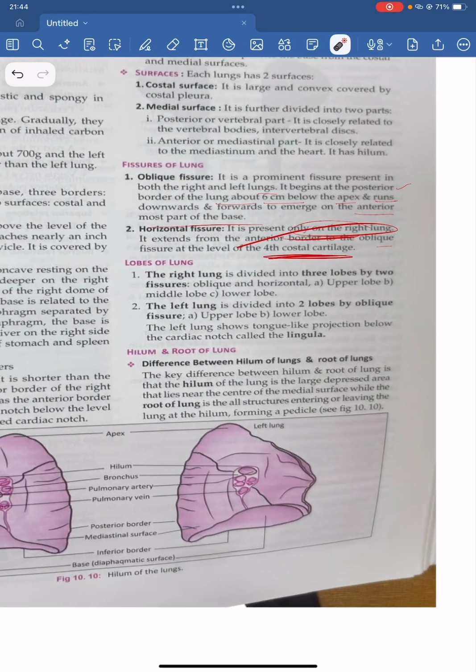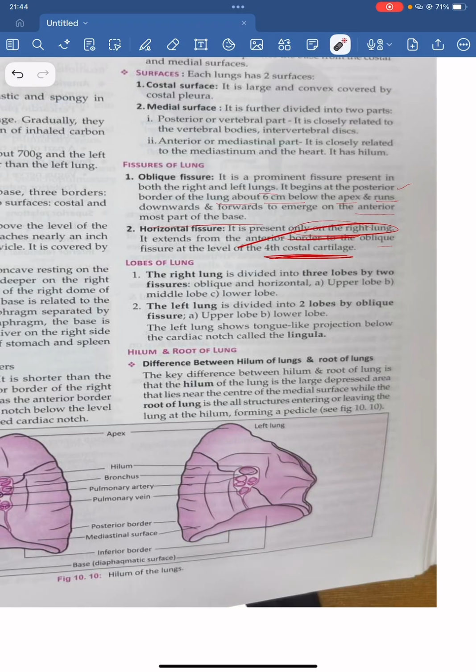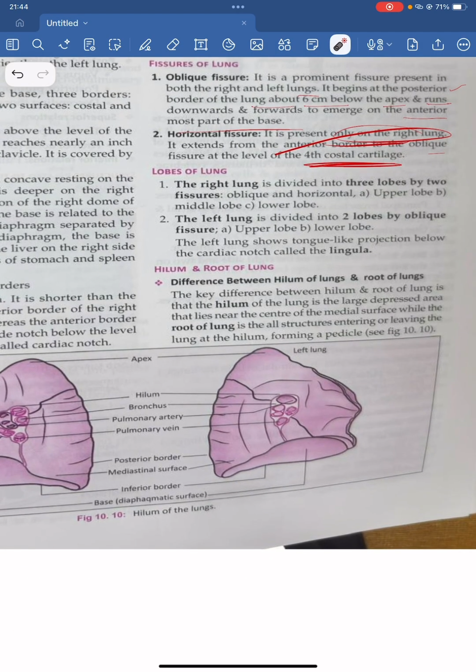So what is the main difference between the hilum and the root of the lungs? In the image you can see where the hilum is present, here you can see the hilum. The root of the lung is formed by the entering or leaving structures present at the hilum.